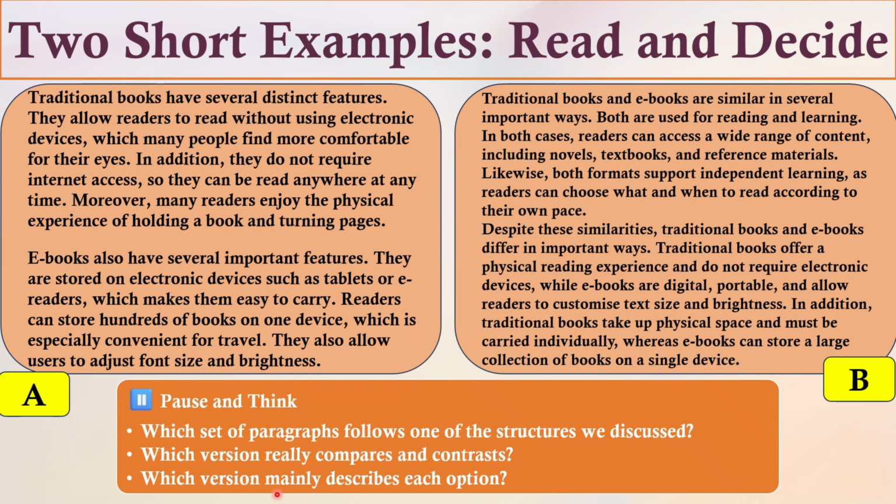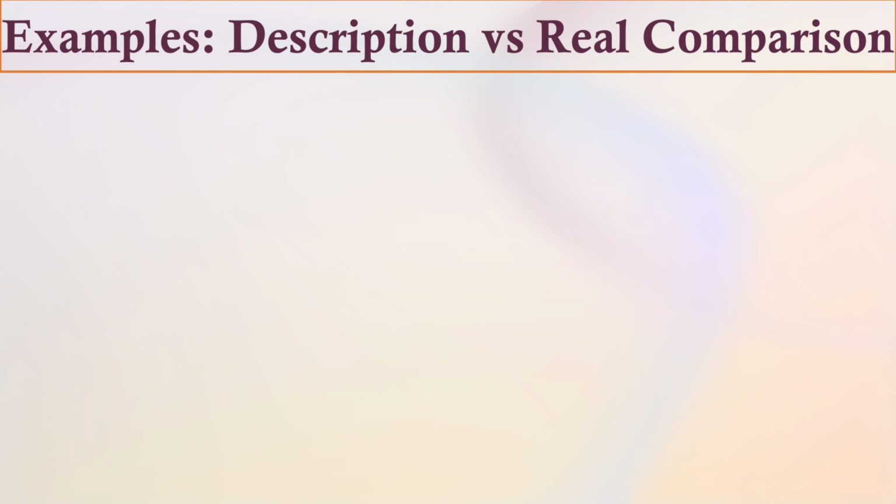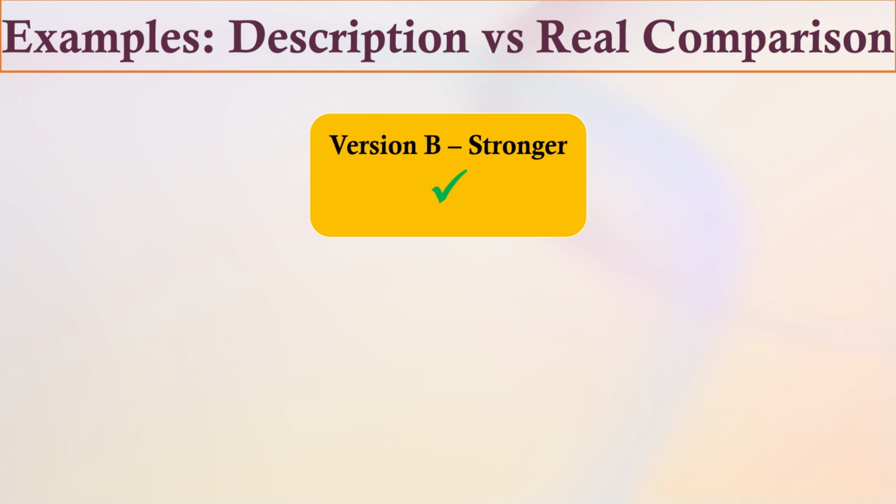And which one mainly describes each option separately? Pause the video now if you need more time. I'll wait. If you said version B is stronger, you are correct. These are simplified examples. They are not complete IELTS body paragraphs, but short extracts designed to show how comparison works in structure.